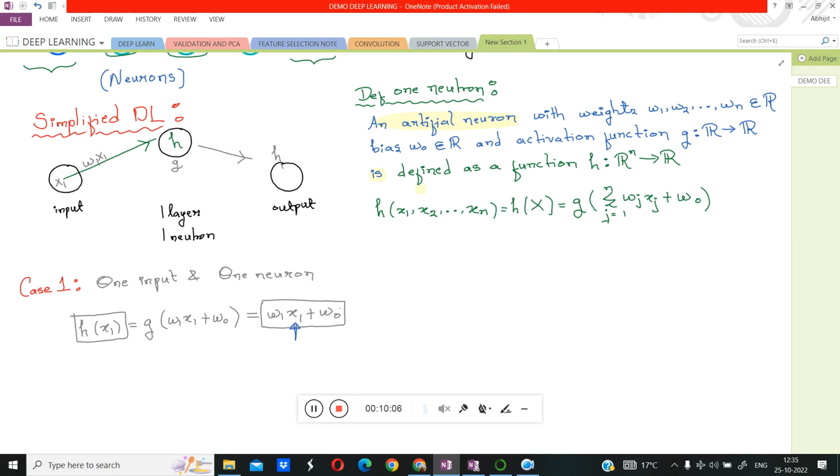There are many activation functions, but we will use one such that whatever it eats, it gives out. What happens? The output mimics linear regression. Quite interestingly, it is mimicking linear regression. So if we take one neuron with the activation function as none, in the code you write activation function equals none, then the whole simplified DL diagram that I have drawn mimics linear regression.